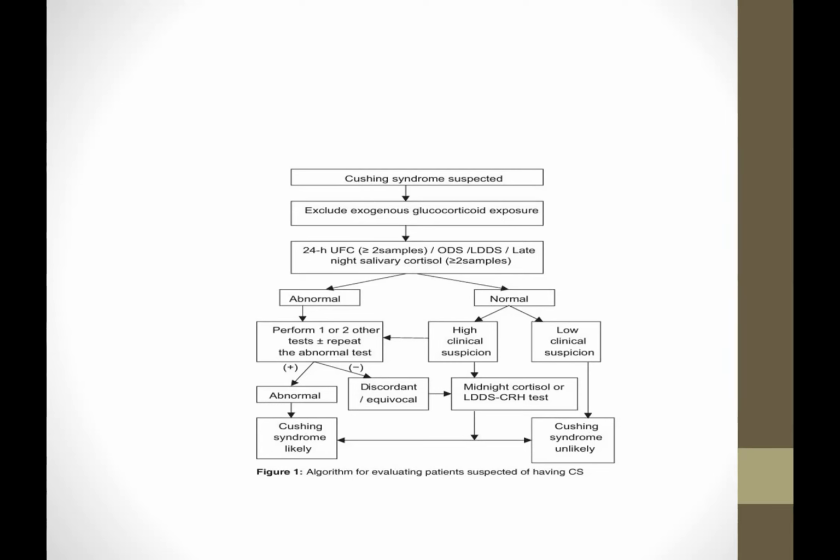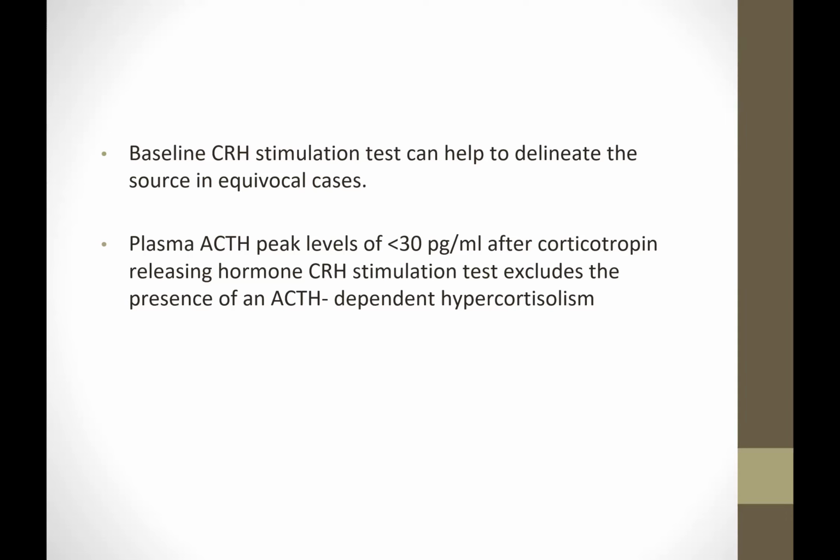Normally, what should happen? CRH should go there and stimulate the pituitary and produce more ACTH. So, if the normal axis is there, but if the pituitary is on its own producing more ACTH, then CRH is already suppressed, and additional CRH is not going to increase the ACTH. So ACTH peak levels less than 30 after the corticotropin releasing hormone test excludes the presence of ACTH dependent hypercorticism.